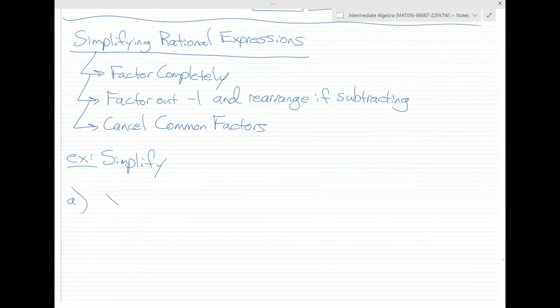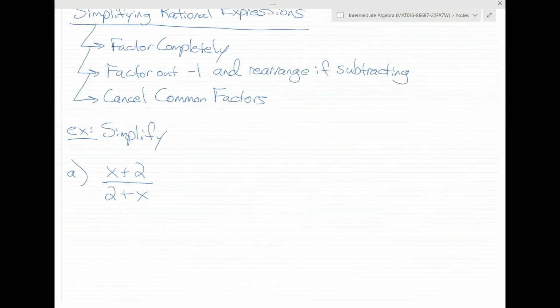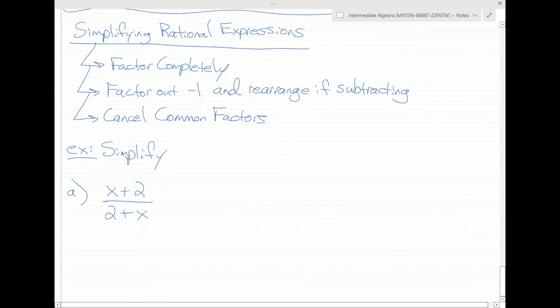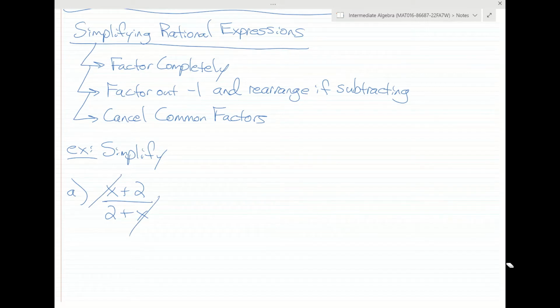The directions are just going to be to simplify. And let's start with (x + 2) over (2 + x). First thing we could do, you can't just do this. That doesn't make any sense. You can only cancel if you're multiplying on top and multiplying on the bottom.